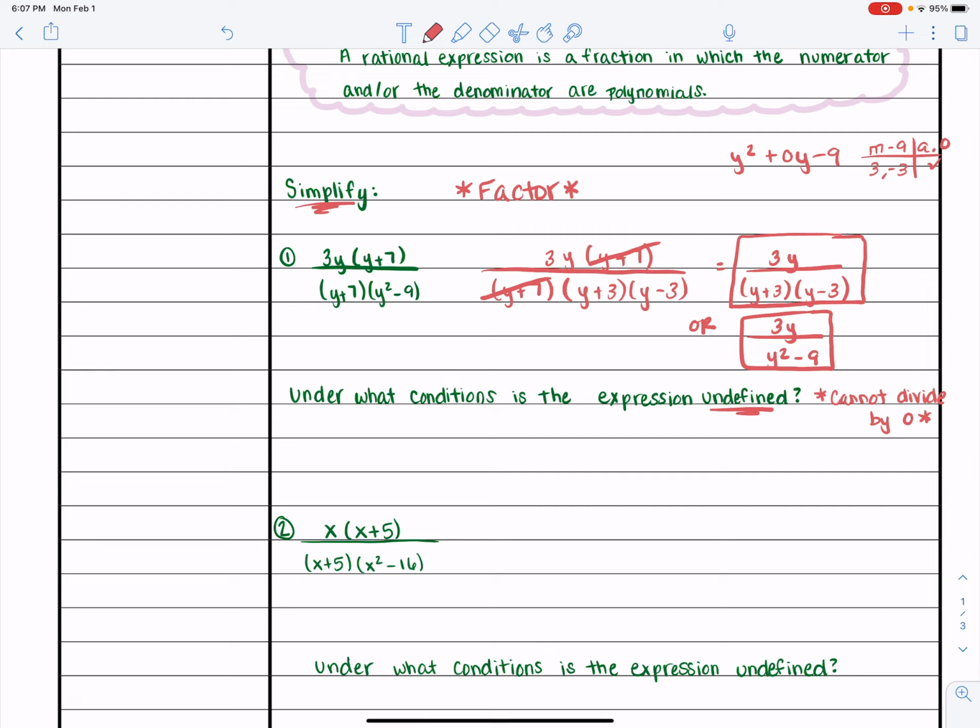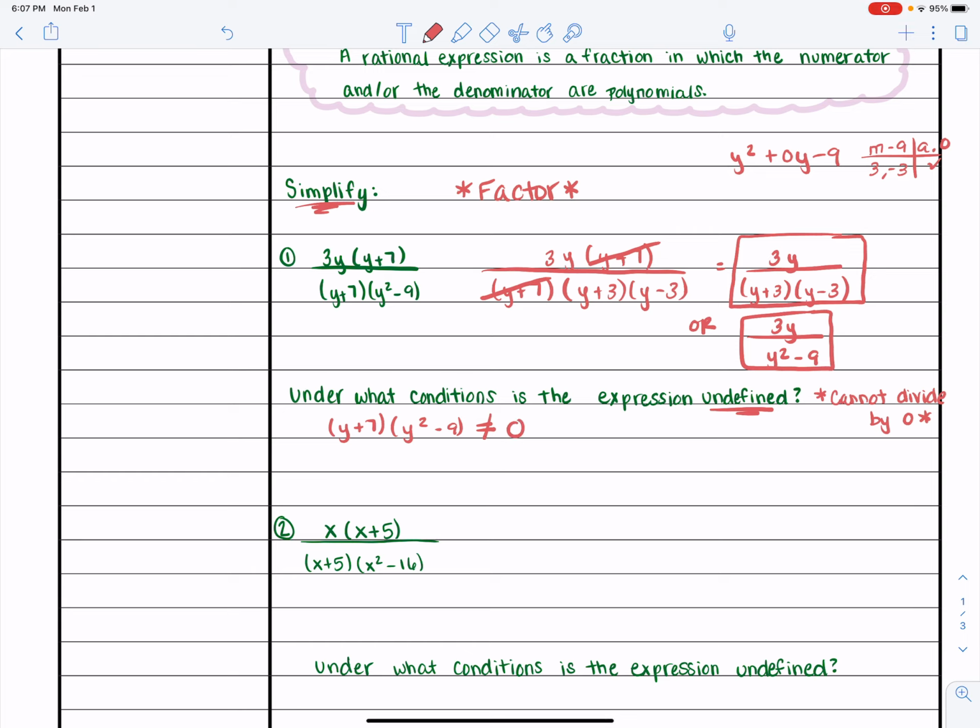So when we are asked under what conditions this rational expression is undefined, we have to take the denominator. So my denominator is (y + 7) times (y squared minus 9). And we have to say that anything that makes this 0 cannot be an answer. So we say the whole denominator cannot be equal to 0.